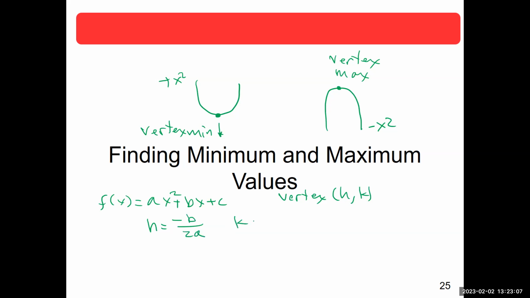Then what is k? k is equal to the function evaluated at h, the value of h, which was negative b over 2a. Well, let's go back to our example and find out if that is correct.